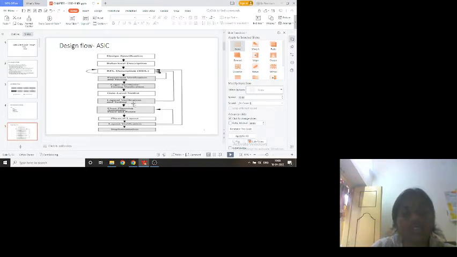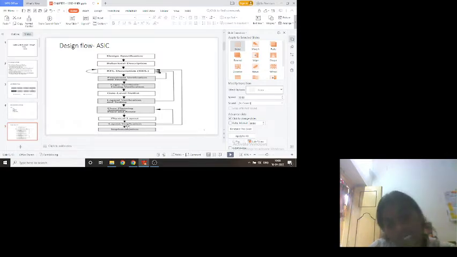After that, the design is given to the back-end stage. Back-end means floor planning, automatic placement, routing and interconnects will be performed. After placement, routing and optimization, the layout will be generated, and the physical layout is given to verification again.